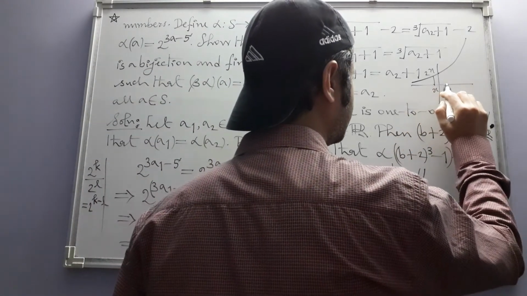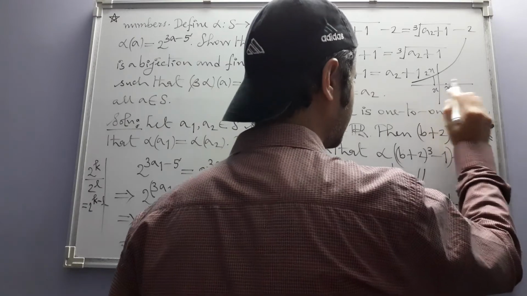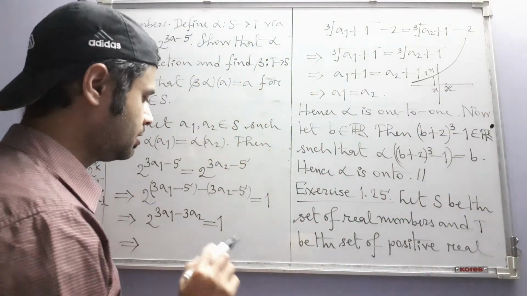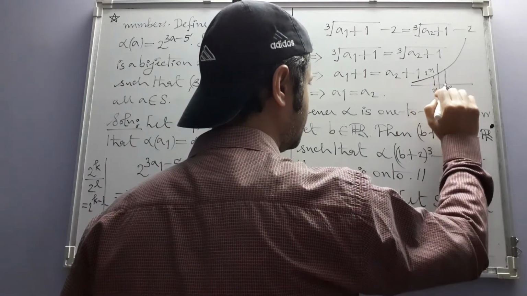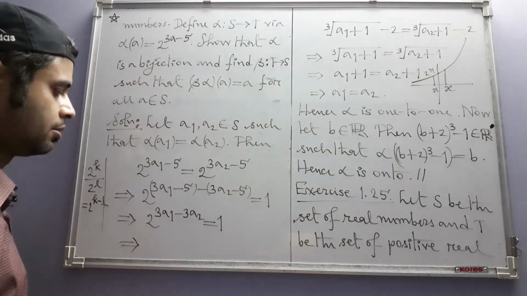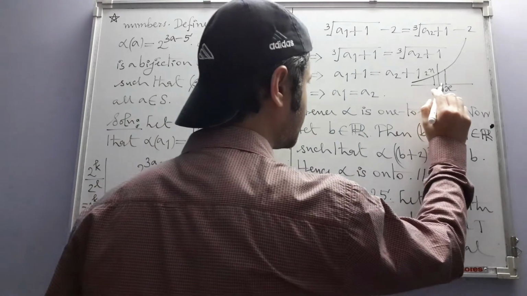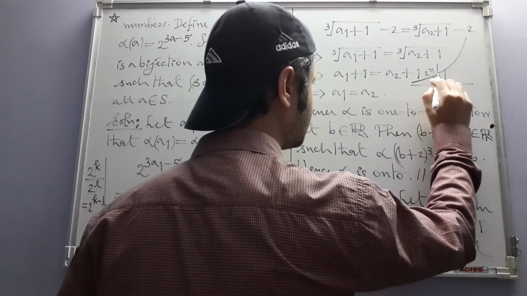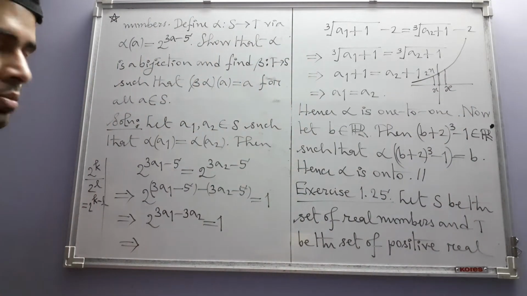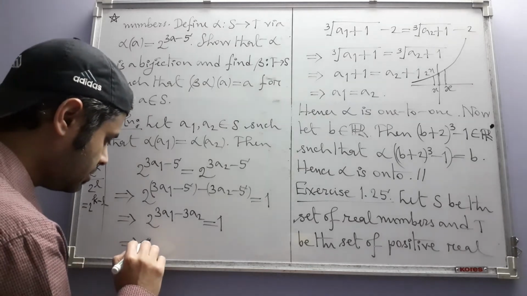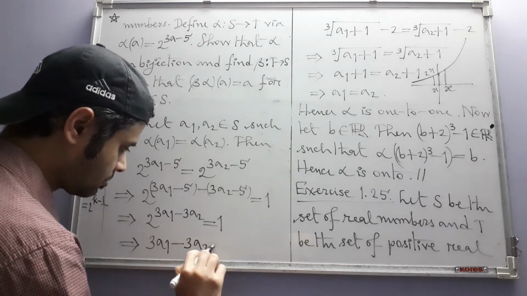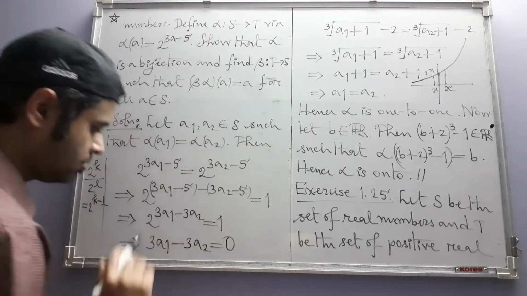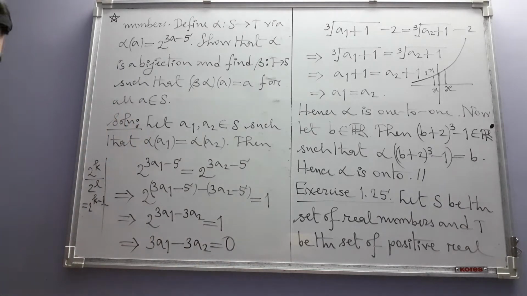If your input is a positive real number, then this will be greater than 1. Only at x equal to 0 do you have 1. So that means this implies the exponent should be 0.